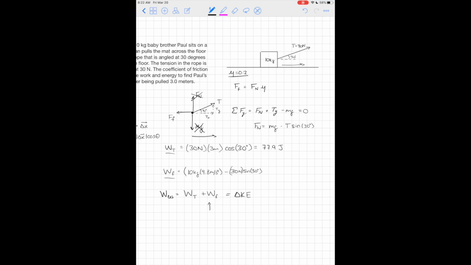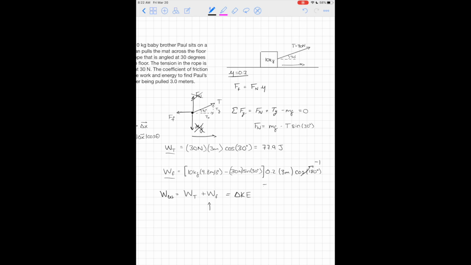Let's actually change this bracket style, make it nice and easy. That's all going to be multiplied by the coefficient of friction, 0.2, times our displacement, 3 meters, times cosine of 180 degrees, which we know is going to be -1.